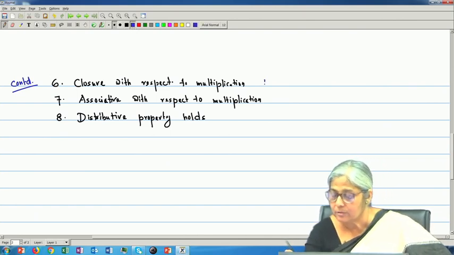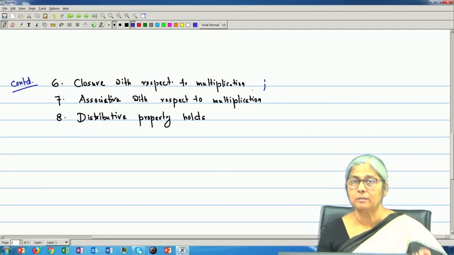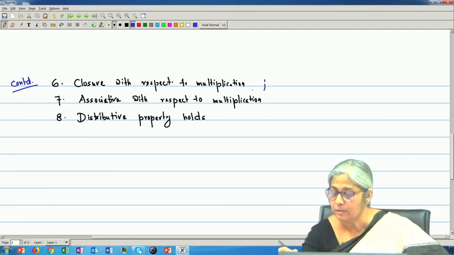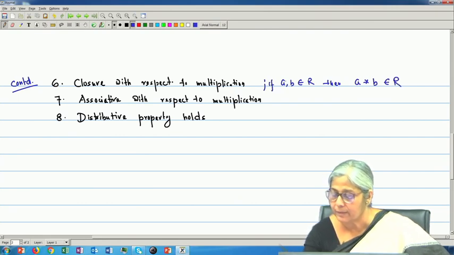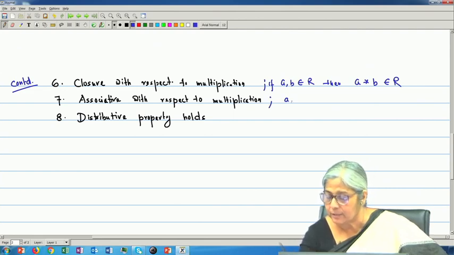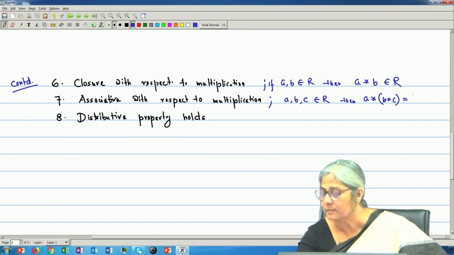Since we have taken the star notation for multiplication, if A, B belong to R, then A star B also belongs to R. Now, associative: A, B, C belong to R, then A star B star C is equal to A star B star C.